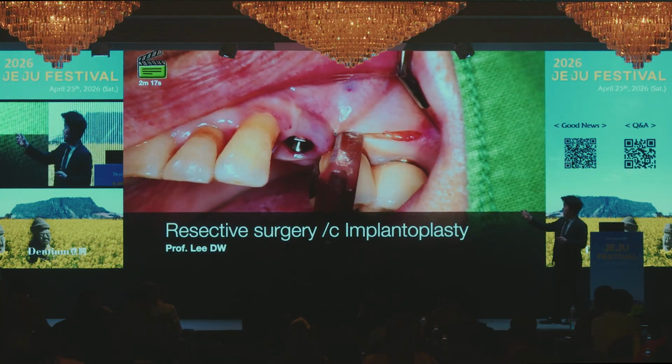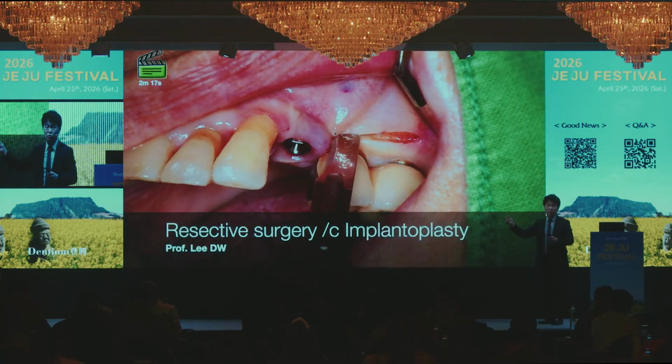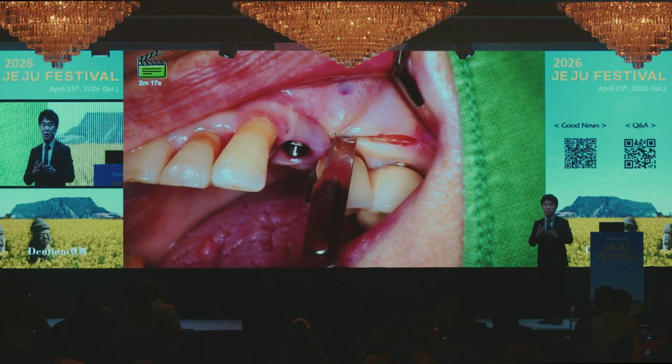This video clip is a short summary. As you can see, we remove the prosthesis. It is very important.